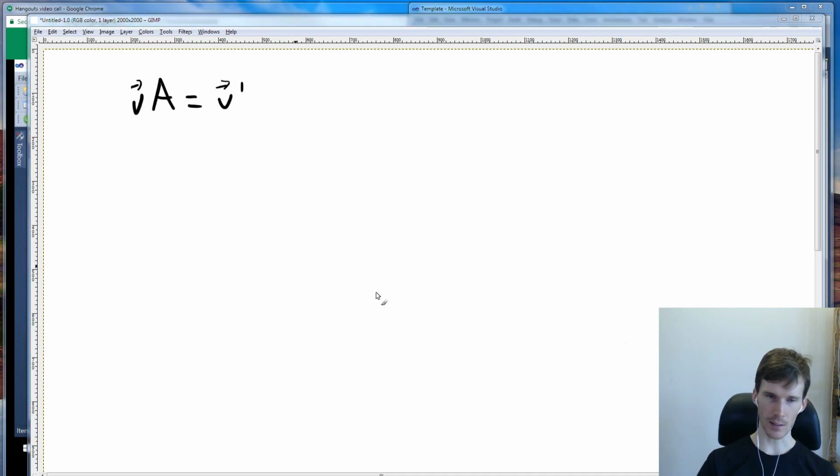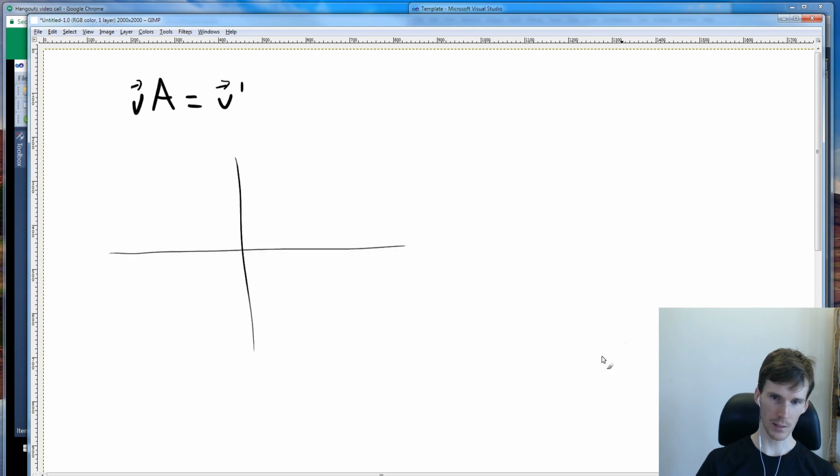Let's say we have some axes, and the vector v goes off here, and let's say that A happens to be a rotation matrix through 90 degrees.